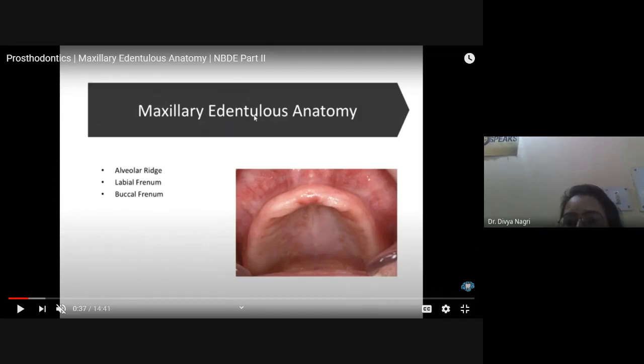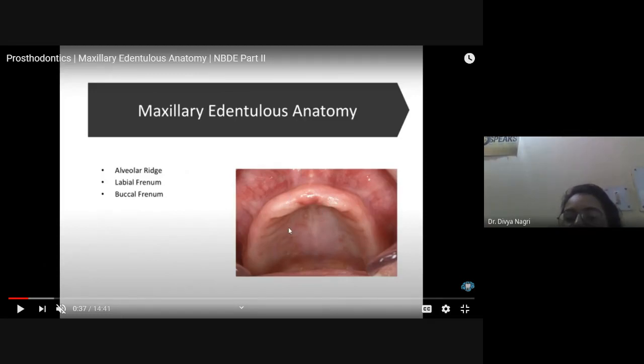First we will inspect the alveolar ridge. This is the alveolar ridge. We see whether it is smooth, with no bony projections or protuberances. If you feel it, there should be nothing sharp, and the patient should have no pain once you palpate this.